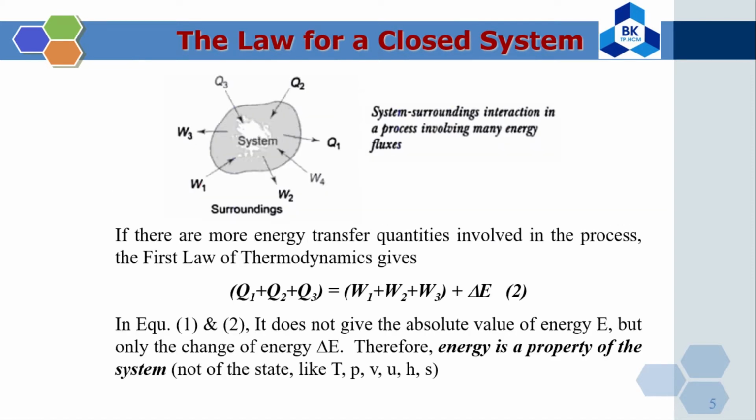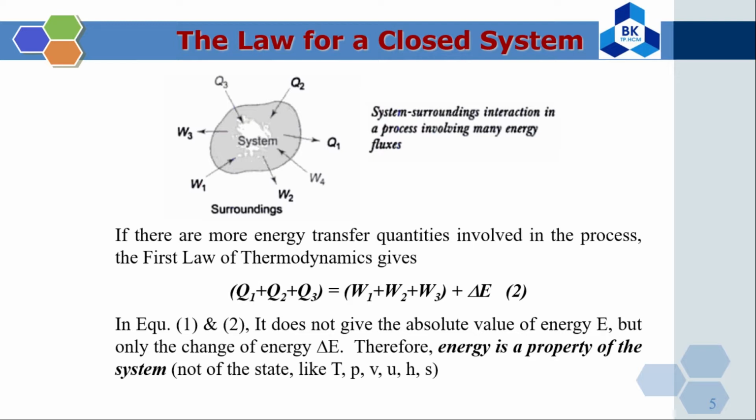All right. So in case there are many different heat inputs to the system, and many different works that happen in the system, like this example. You can see that we got Q1, Q2, Q3, and for the work we got W1, W2, W3, W4.